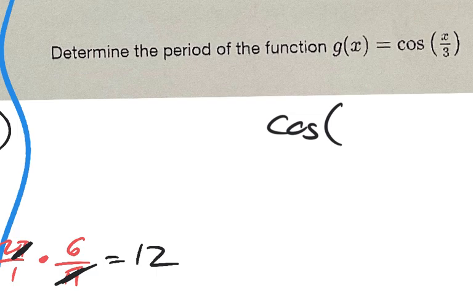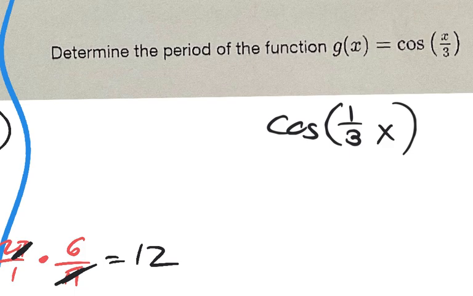X over 3 is the same thing as 1/3 times x. Do you buy that? It's the same thing. So now my b value is 1/3.